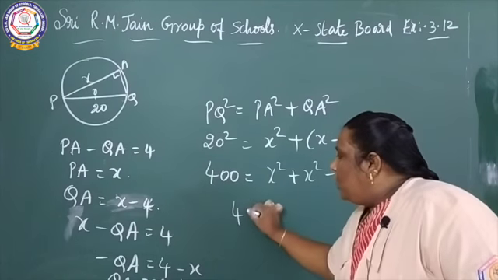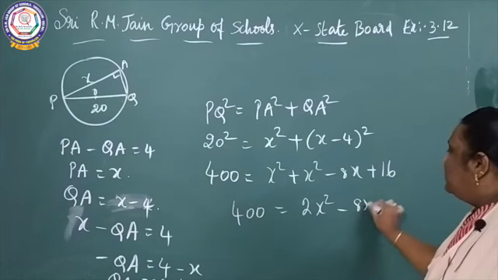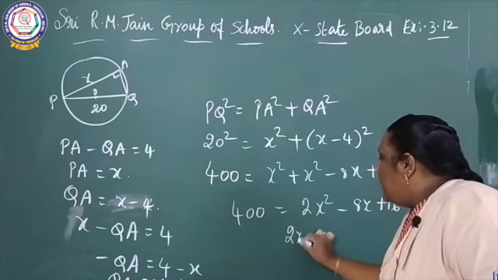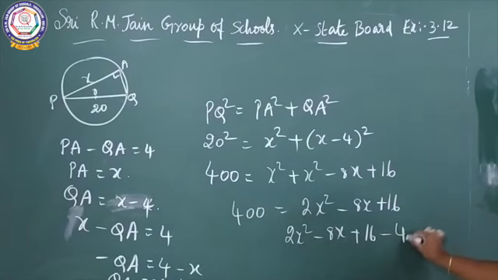So 400 equal to 2X square minus 8X plus 16. 2X square minus 8X plus 16 minus 400 equal to 0.